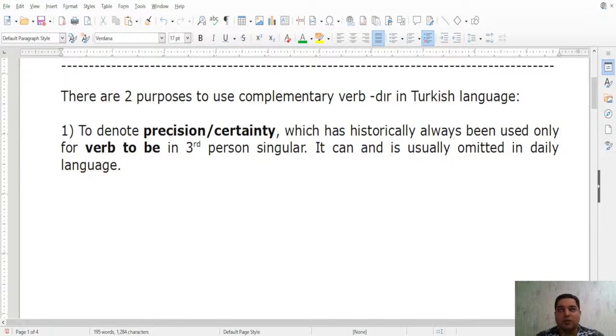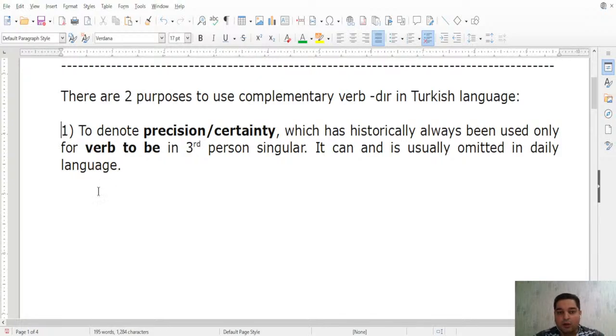Why do I say verb to be? Because in some descriptions they say nouns or noun-like structures like pronouns or adjectives. But verb to be is better because it covers all of this. It can be adjective, noun, pronoun, or anything that is formed from the noun. So it is the third person verb to be in which we use this complementary verb at the end of these words, adjectives, nouns, pronouns, and so on.